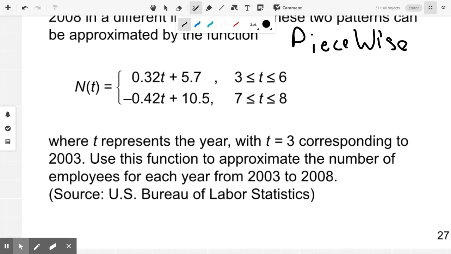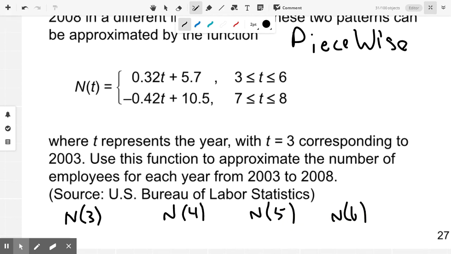So basically, this is wanting to know N of 3. It wants to know what is N of 4, N of 5, N of 6, N of 7, and N of 8, right?